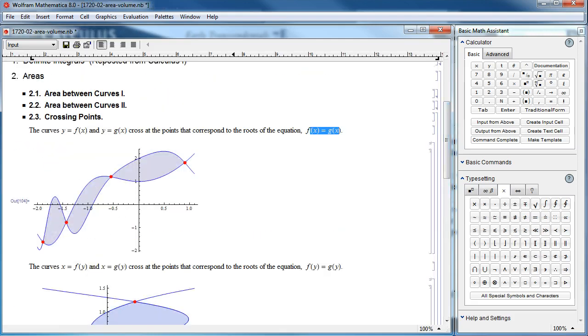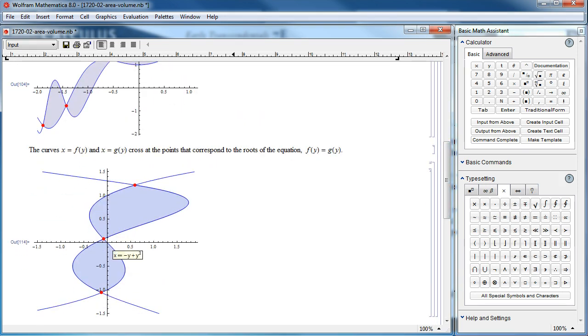So if you set two functions f of x and g of x equal and solve for x, then you're going to get the x coordinates of these crossing points, these red points. These crossing points divide the original interval into several pieces. Calculate the integral separately and use appropriate signs, then you'll be able to calculate the positive areas of each region precisely, and then you can add them up.